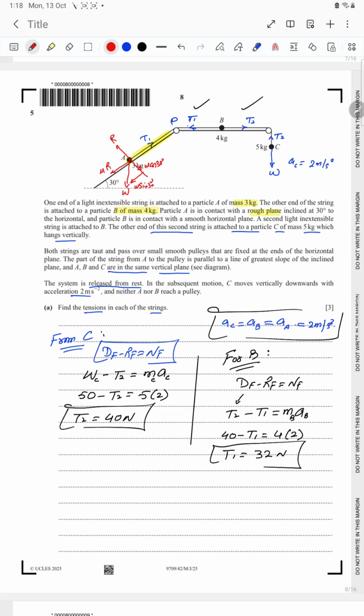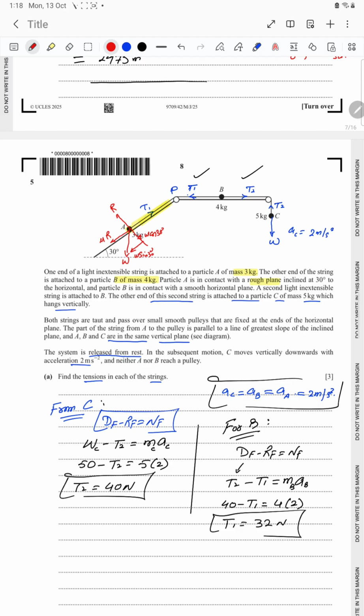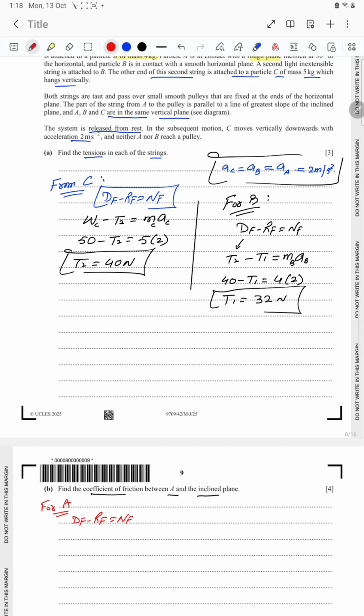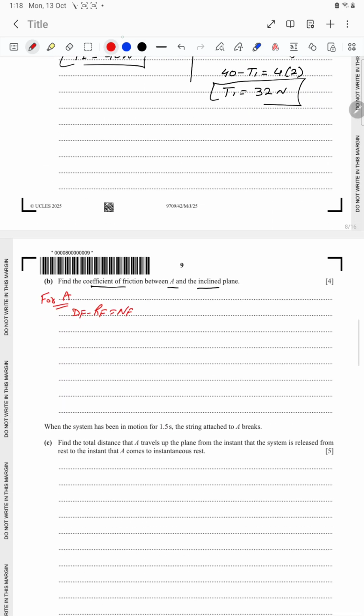Here you can see the driven force on A is tension, because it is going up, and two resistive forces, mu R and W sine 30, are applied in the opposite direction of the driven force. So I can say T1, the driven force, minus mu R minus W sine 30 is equal to M A, because the acceleration of A and B is the same, and we have to calculate the coefficient mu.